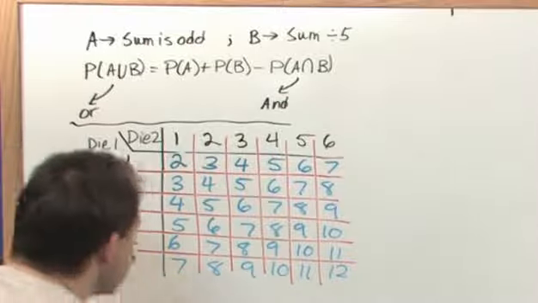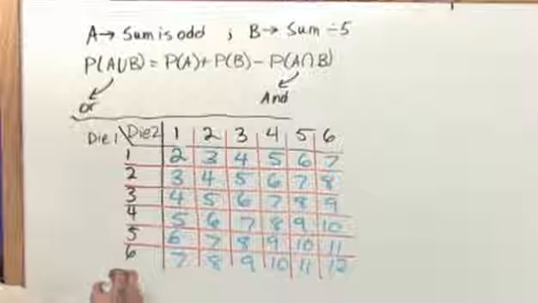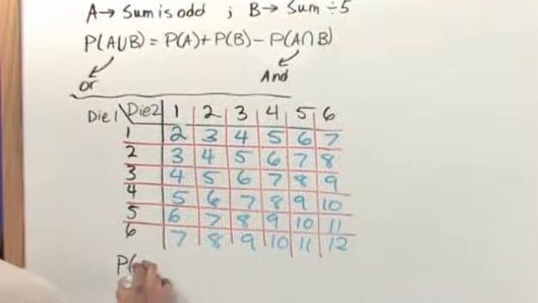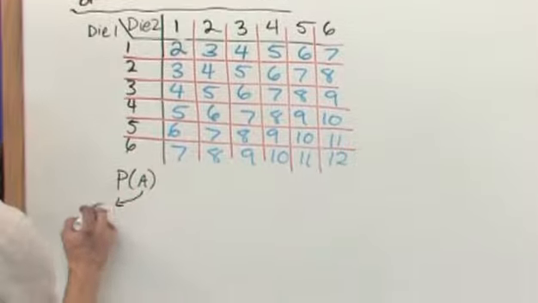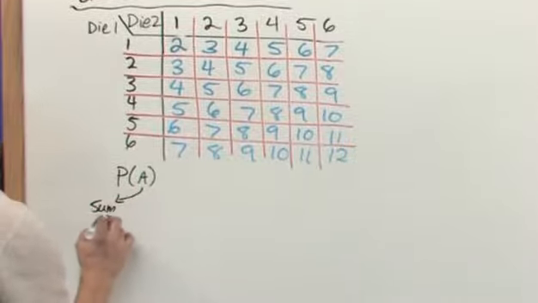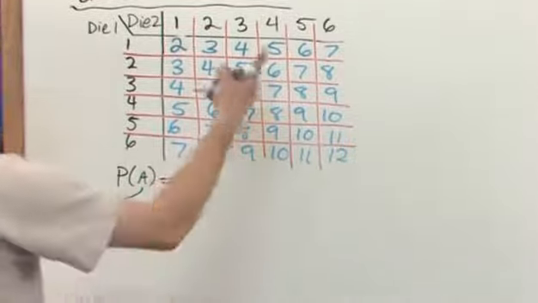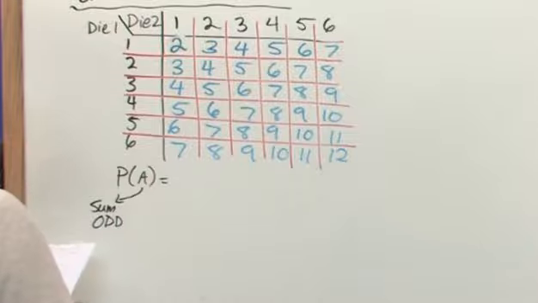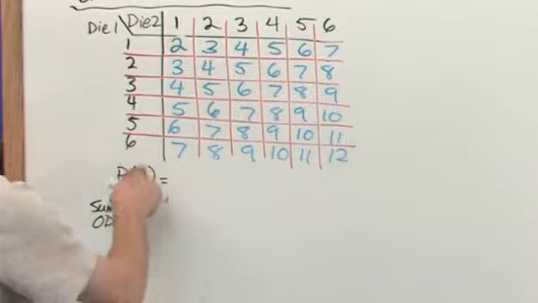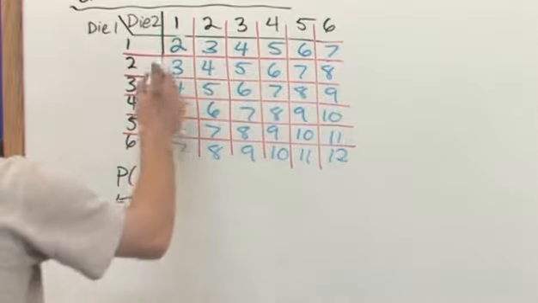Okay? Now, how do we use the table? The probability of event A, the probability that the sum is odd, is going to equal the number of ways in which the sum can be odd divided by the total number of outcomes that you can have. So we're going to count the number of times the sum is odd. Let's just go.